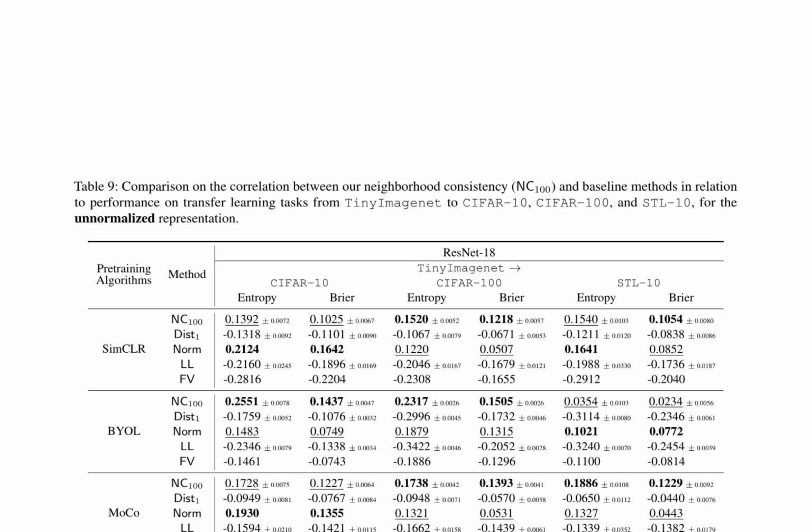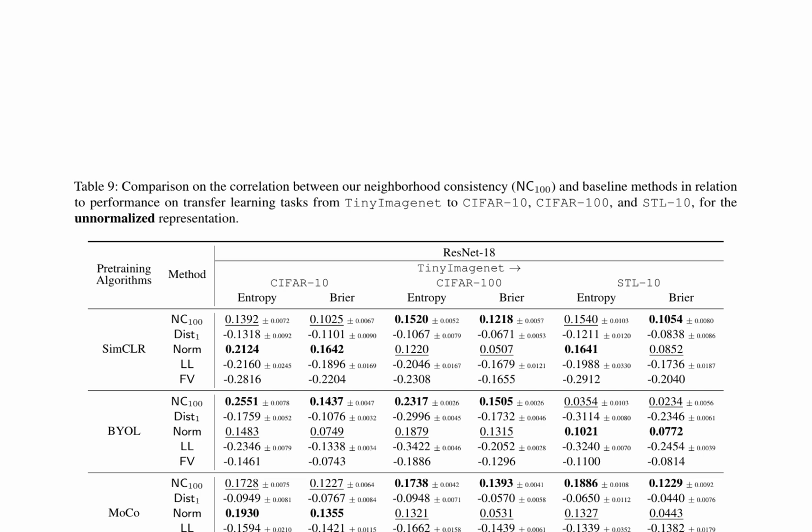The comparison is conducted using two different architectures, ResNet 18 and ResNet 50. For ResNet 18, the results indicate that our method outperforms the baseline algorithms in terms of neighborhood consistency across all three target datasets.